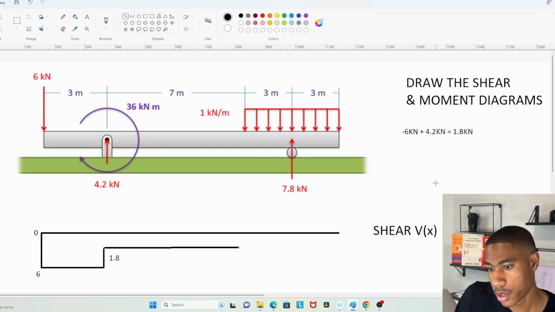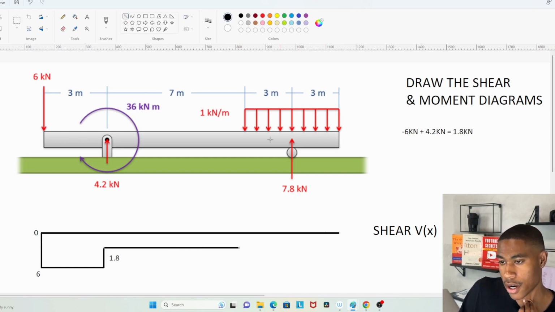Once we get to this point, I'm trying to make these lines straight, but they don't want to cooperate with me right now, so there we go. Now what's happening?